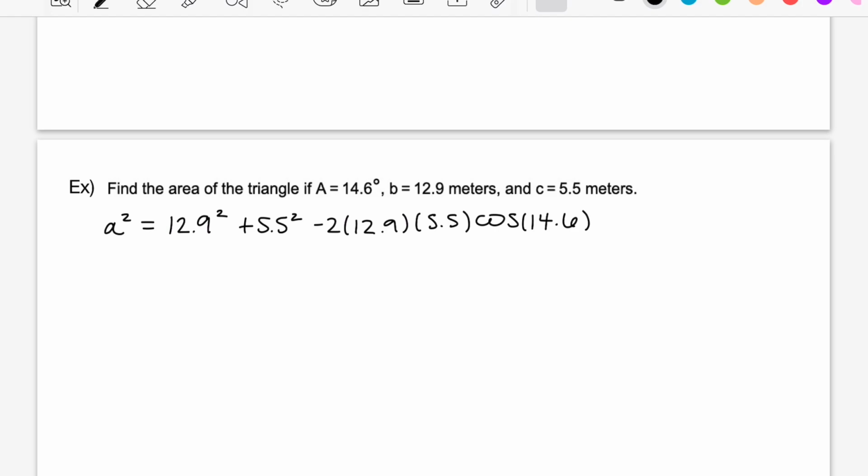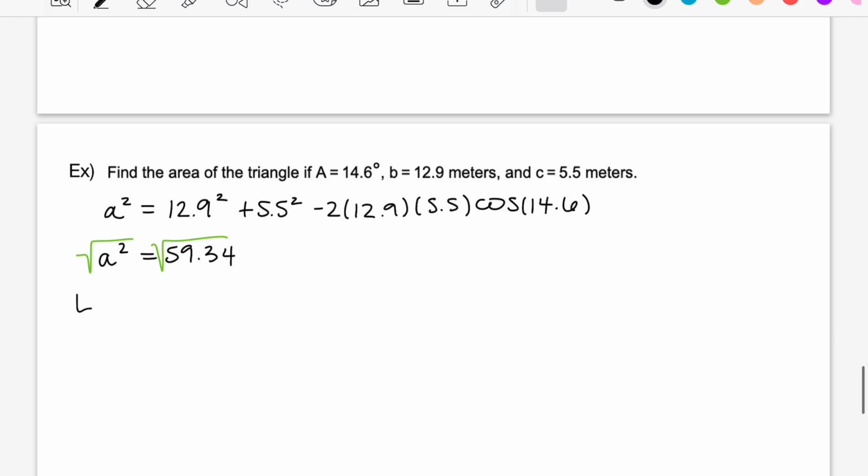Alright, so then A squared is going to be equal to 59.34, and then again we want A alone, so we'll take the square root of both sides. So then A is going to be equal to approximately 7.7 meters.